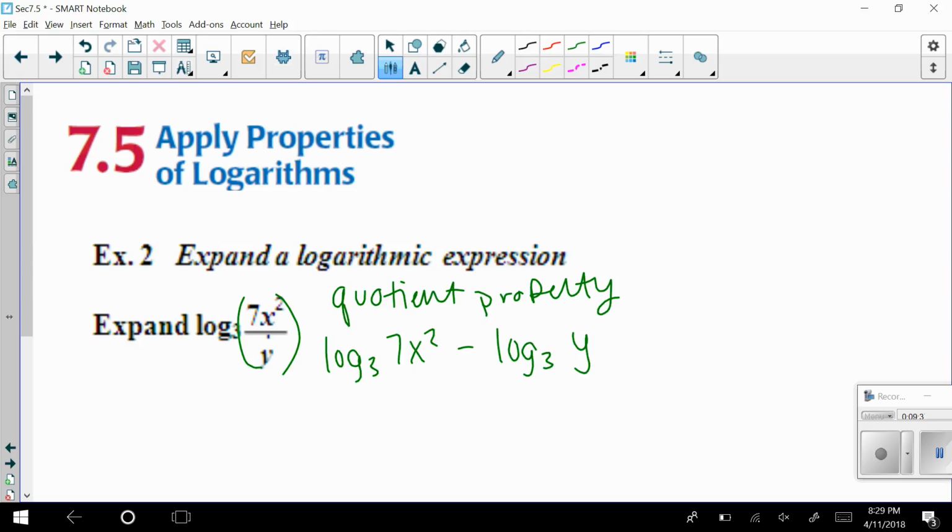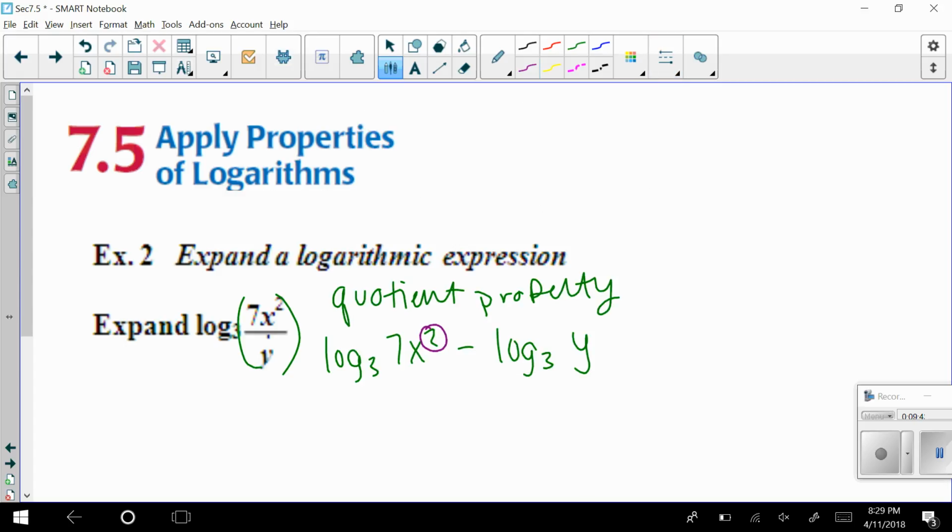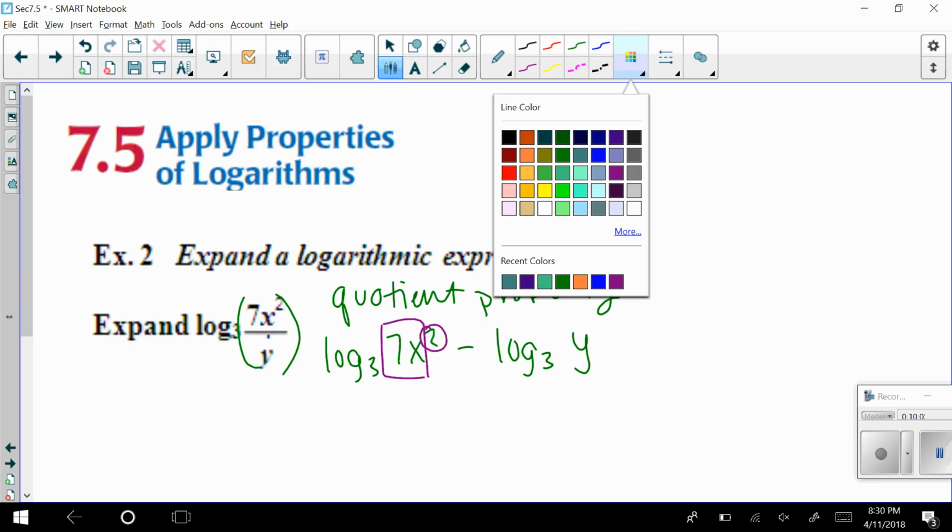Now we still have an exponent. So since we still have an exponent here, we're not done yet. We need to still simplify. And secondly, we're still multiplying two things together. Okay, so the next step we're going to take is using the product property.